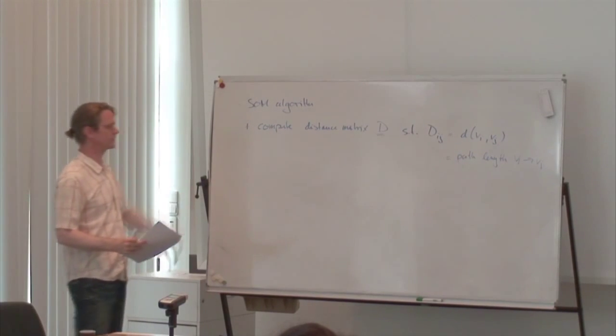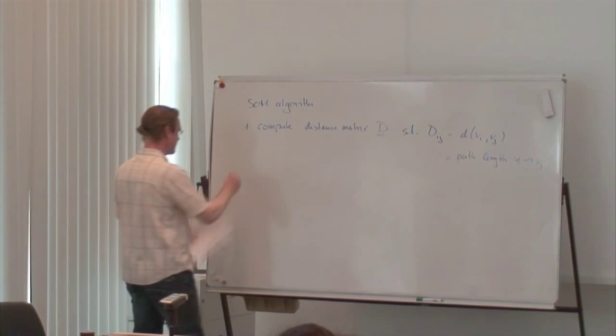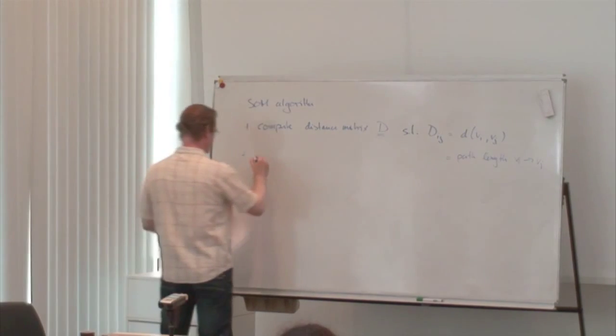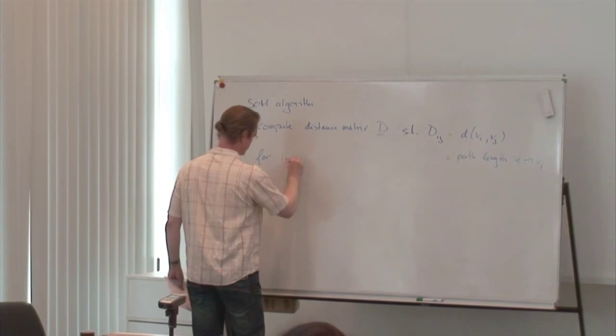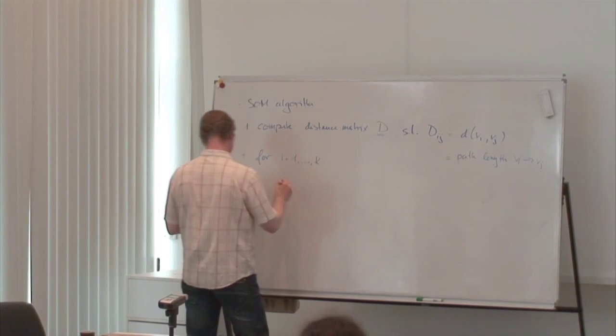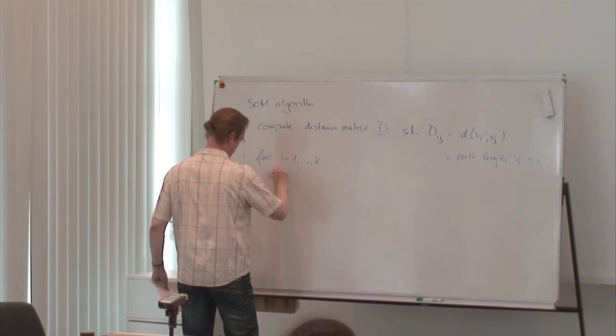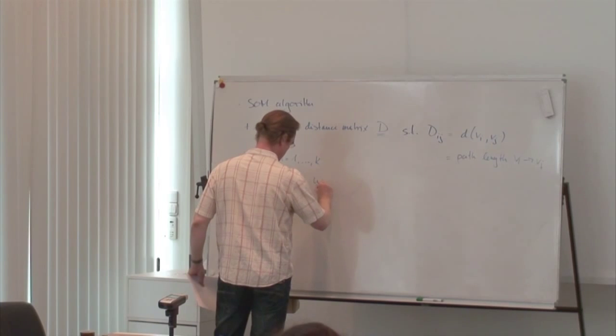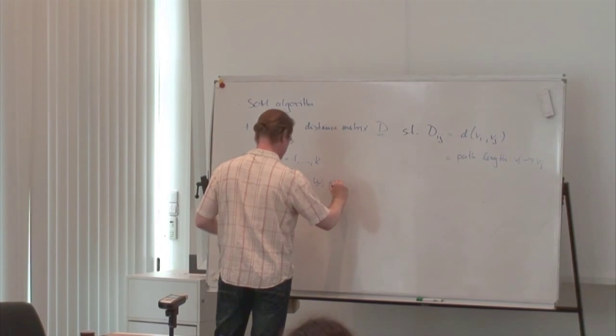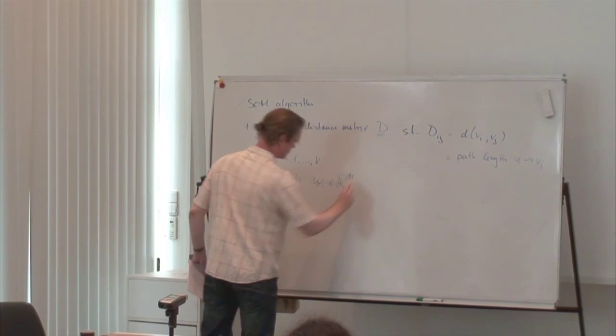So we begin by doing this, and then we have a for loop where we initialize, this is for i equals 1 up to k, we initialize these label vectors, or weight vectors in the terminology.